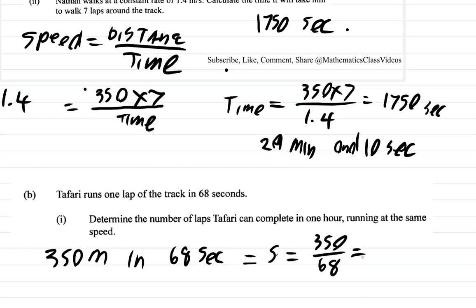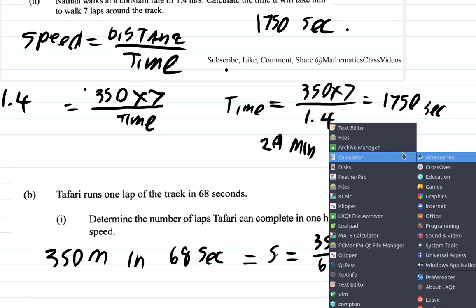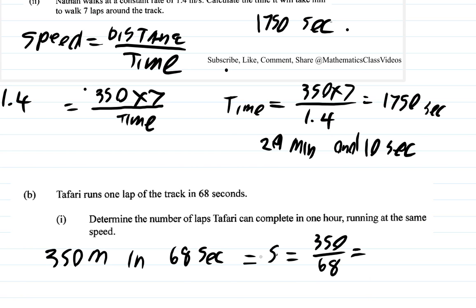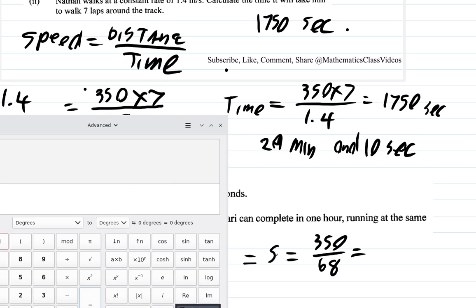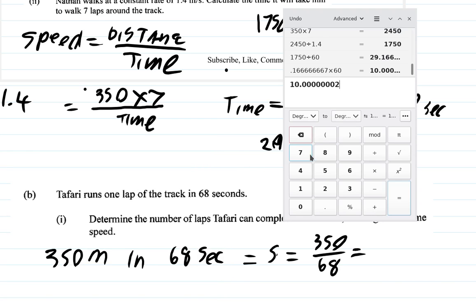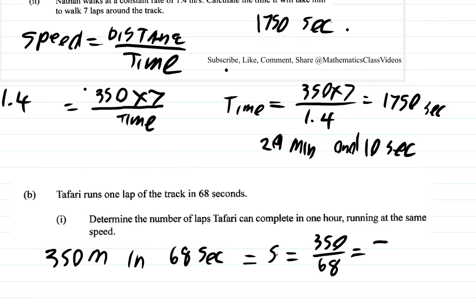So what's the speed now? Let us see the speed. So the speed is 350, which is the distance, over time 68 equal 5.147. 5.147 meters per second.